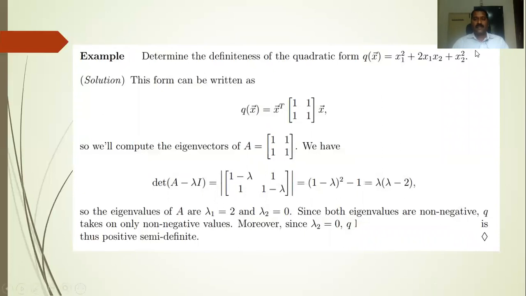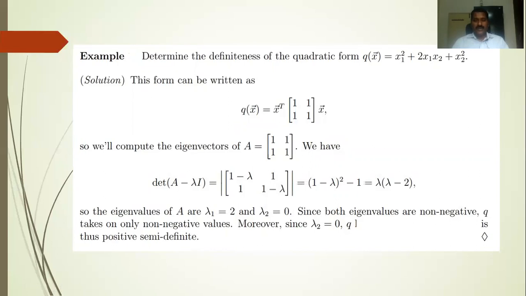Let's take an example here. Determine the definiteness of this quadratic form q equal to this. First we have to write the matrix of the quadratic. The matrix of the quadratic is given by 1, 1, 1, 1. Now what do we do?